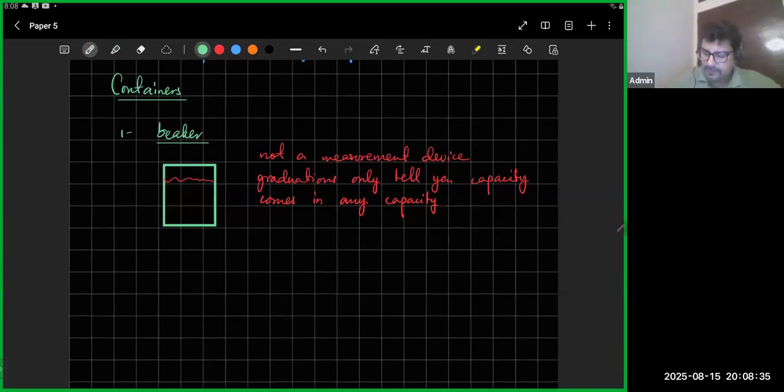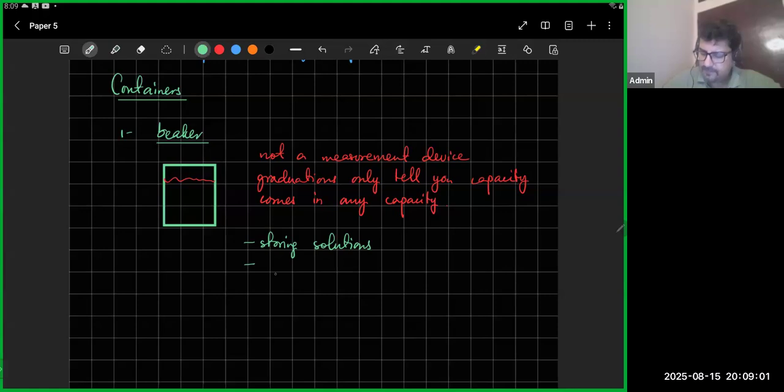So what is a beaker used for? It's used for storing solutions. और क्या क्या हो सकता है इसमें? It's even for dissolving, stirring. You want to mix something. नीचे लिख देते हैं.